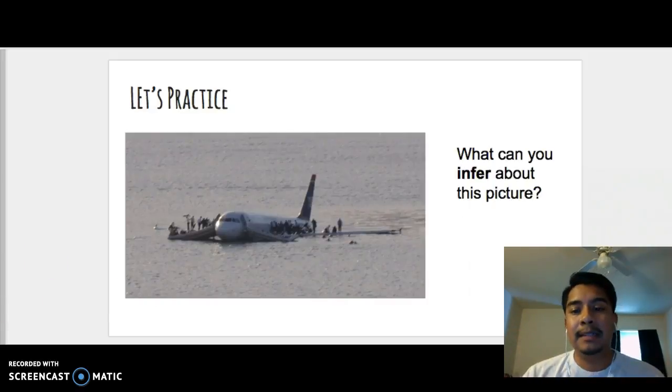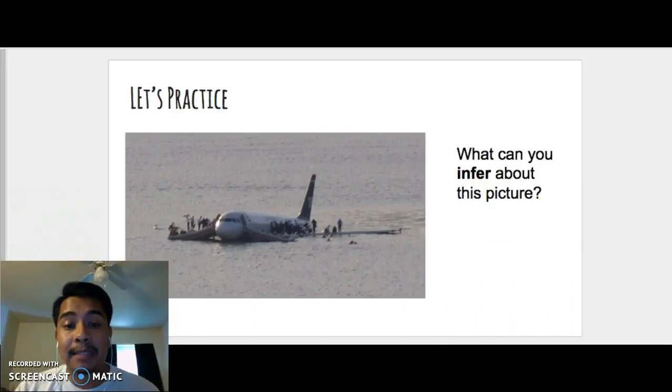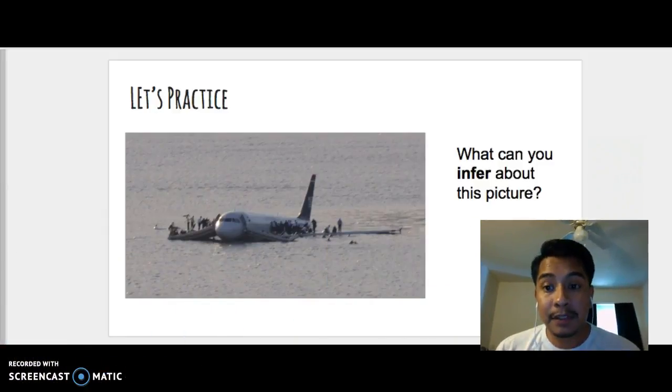So now let's practice. Let's look at this picture. Tell me, what can you infer based on this picture? So let's talk about it for just a few minutes. So it's obviously a picture of a plane that is in the water. So what do you already know about planes?